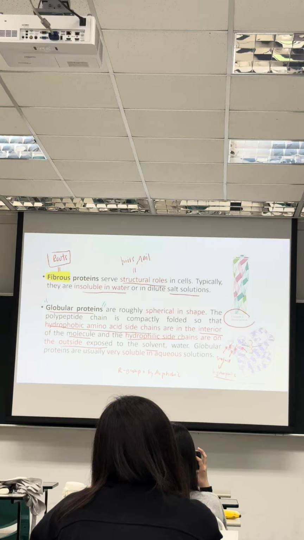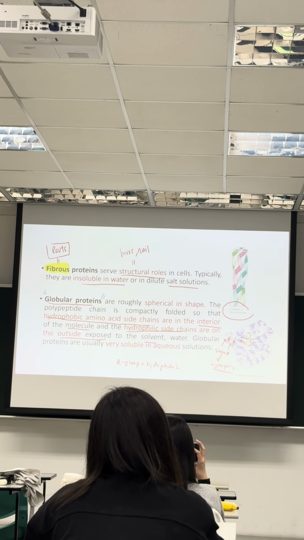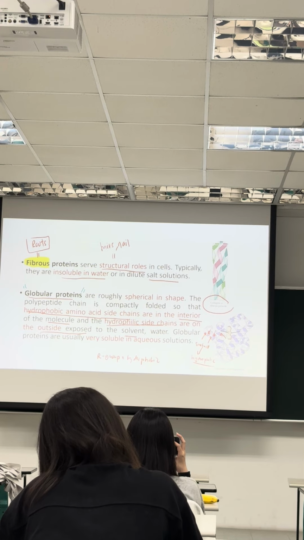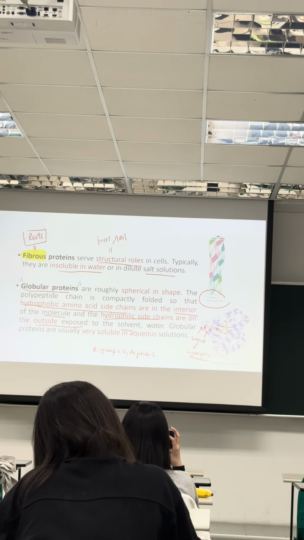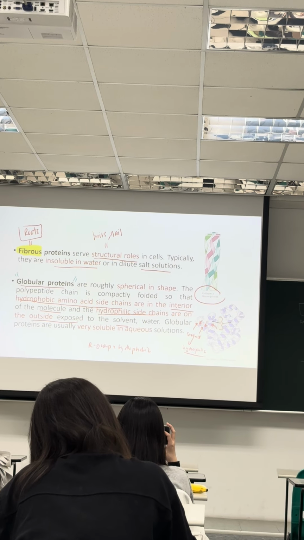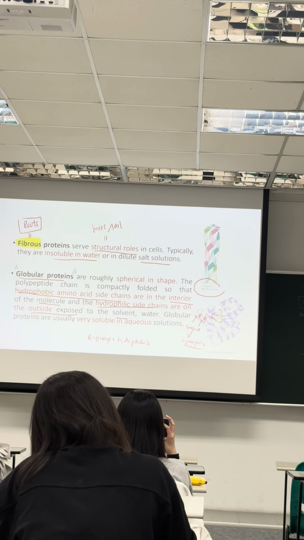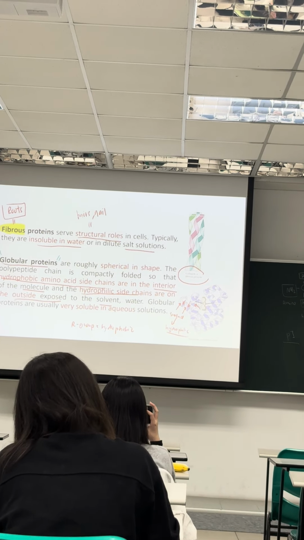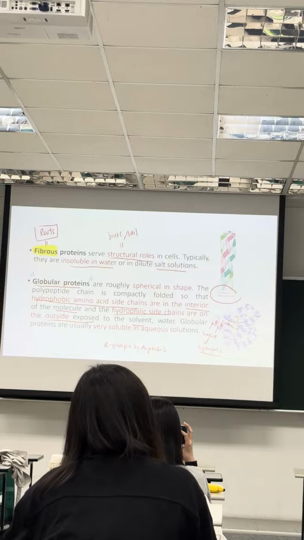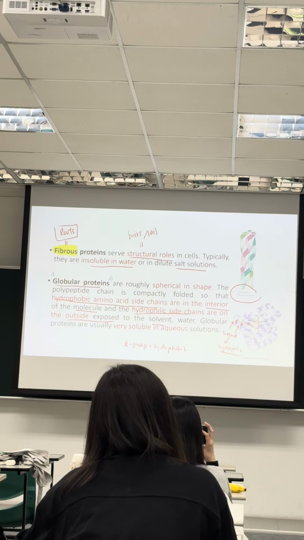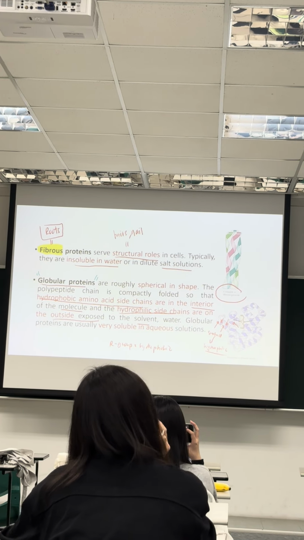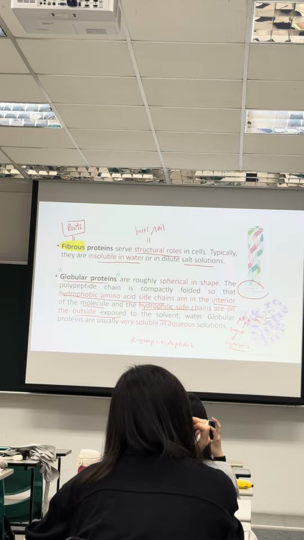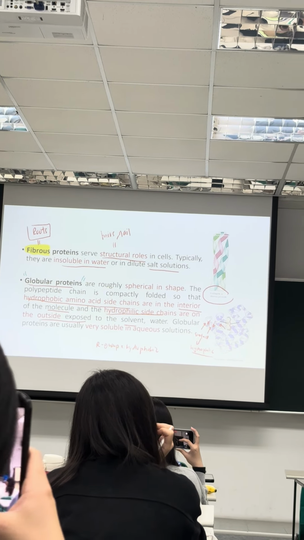And in Chapter 4, I think we have discussed the different types of proteins. There are many different types of protein: structural proteins, regulatory proteins, and so on. You need to know how to differentiate this kind of protein, which is fibrous, which is globular. I think we have looked into this.